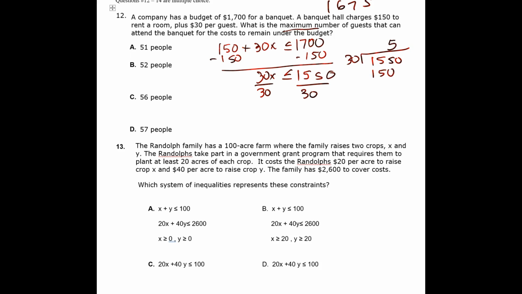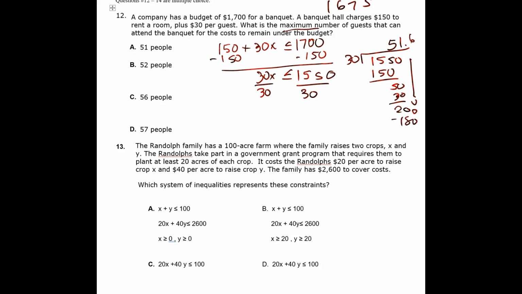It gives me 150. And then we bring down the 5 and the 0. And 30 goes into 50 one time. And then that's 30. It's 20. Bring down the last 0 from over there. And 30 goes into 200 6 times.